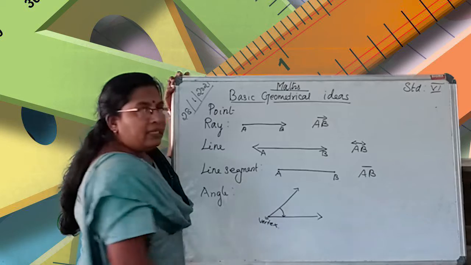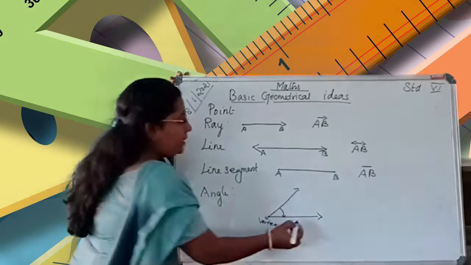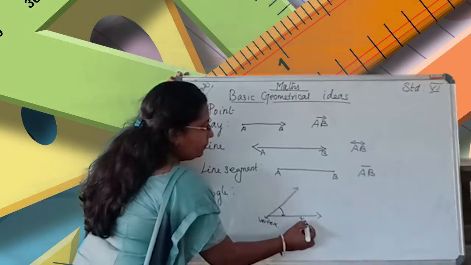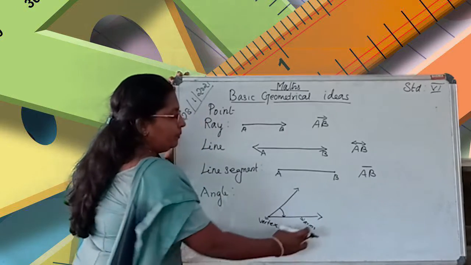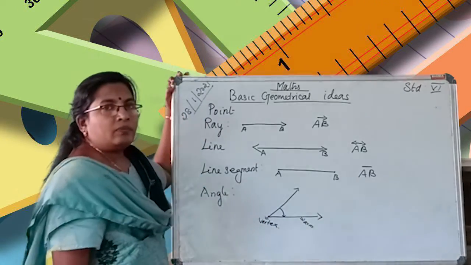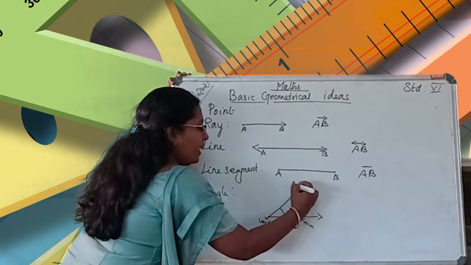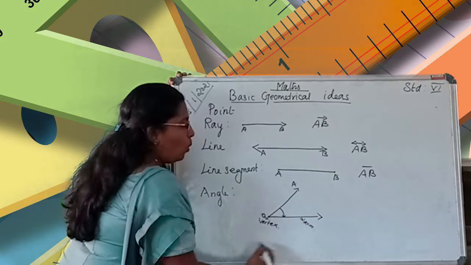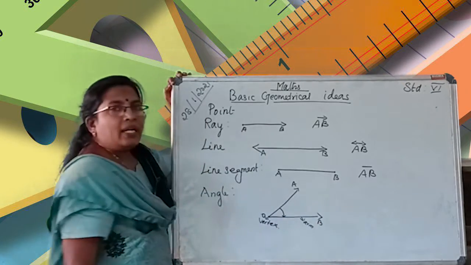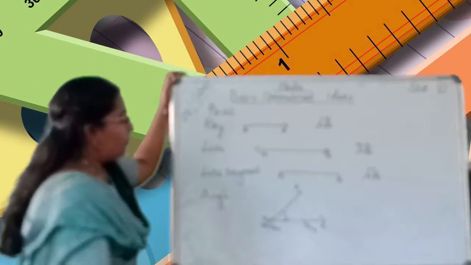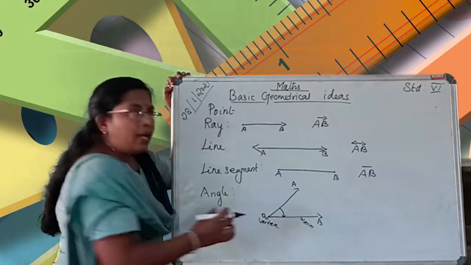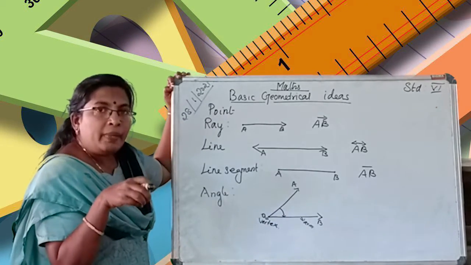It makes an angle. These are arms. How to denote it? A. The meeting point is O. This is B. How to write the angle? The vertex comes in the middle.